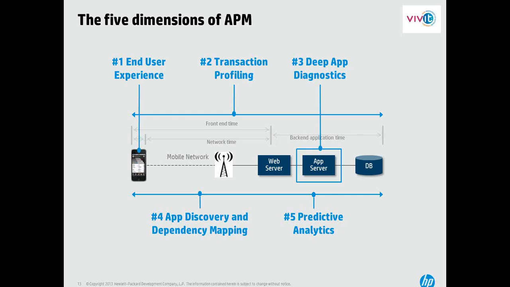And this is a very powerful capability that we need to bring into this entire dimension of mobile experience management, because we need to keep in mind that mobile applications directly impact the revenue of the customer and also customer satisfaction. So before the service actually gets impacted, we need to have the capability to see if we can fix it before it actually impacts the end user. So that is predictive analytics.